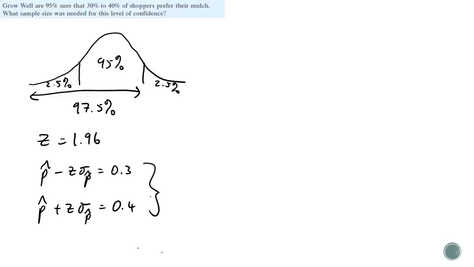Because this is halfway in between, p hat must be equal to 0.35. And putting all of this together, we have 0.3 equals p hat minus z sigma.